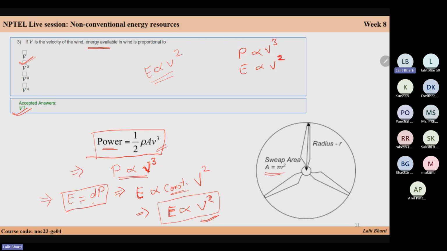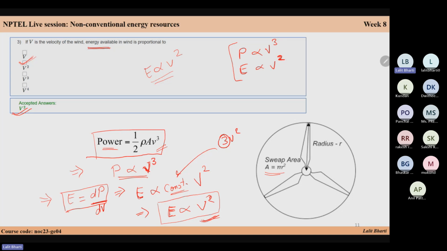For E we need to take the derivative of P with respect to whatever coordinate you have. Here you have V, so dP by dV. What will it give? It will give 3V square. 3 is a constant, so you get V square. So your energy available is proportional to V square, whereas your power produced is proportional to V cube. You need to take care whether they are asking about the energy or about the power.